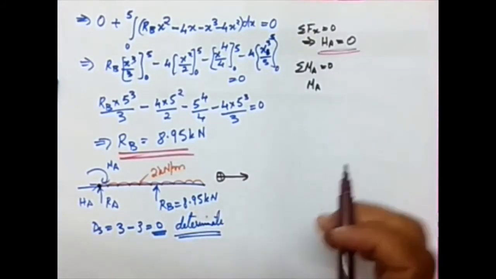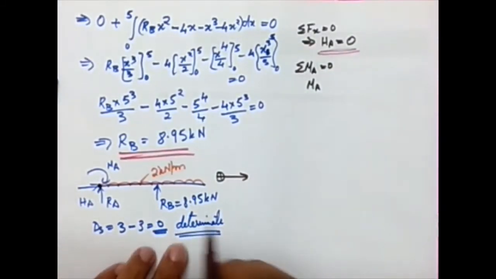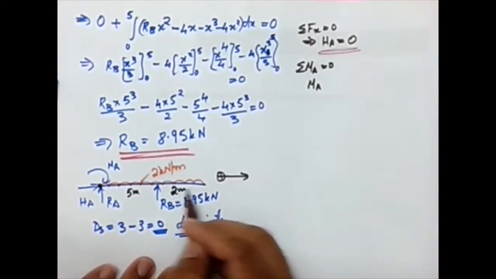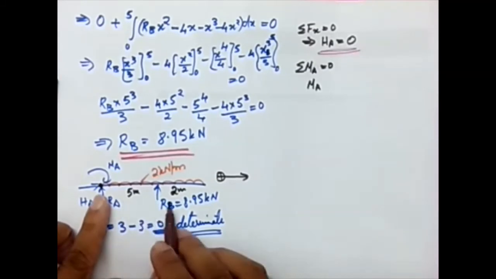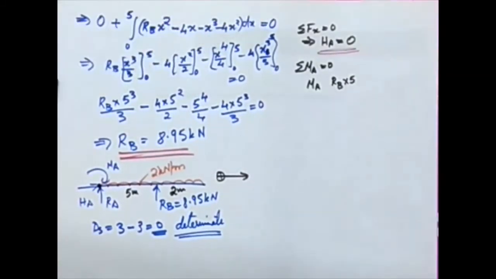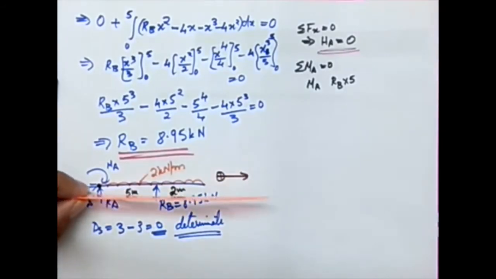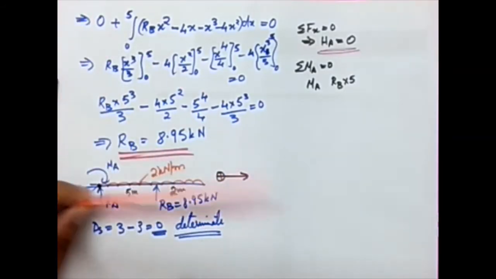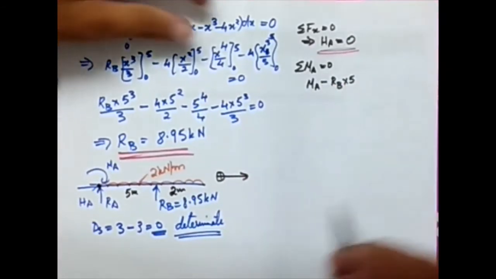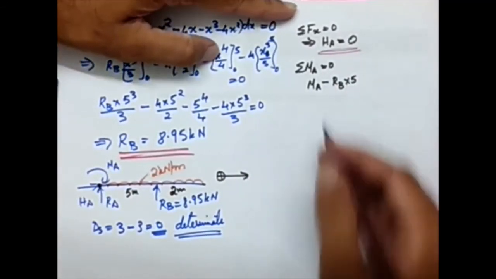So I'm considering RB. The moment due to RB will be, we know that this is 5 meter, this is 2 meter, so RB times 5. So the magnitude is RB times 5. What about the direction? Direction is anti-clockwise. Because of the load, it rotates anti-clockwise, which means minus.